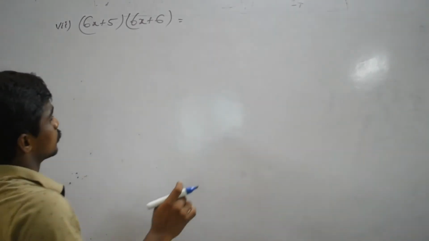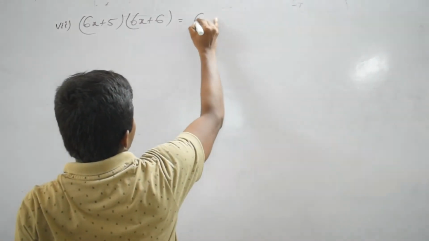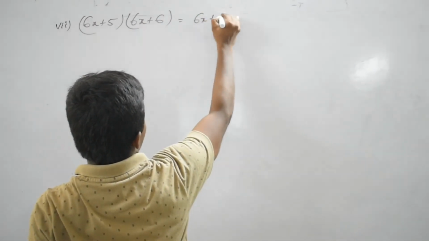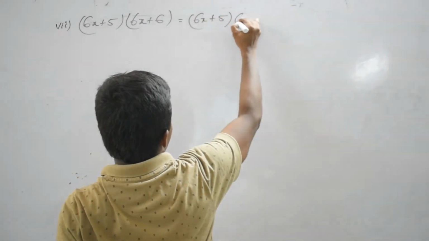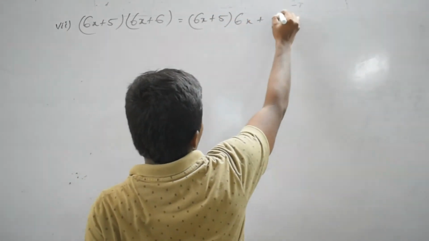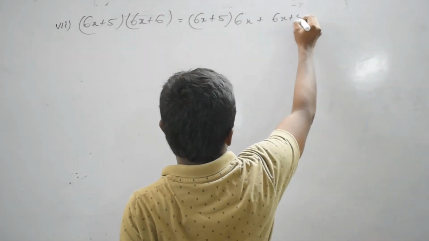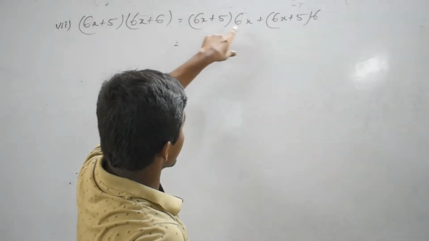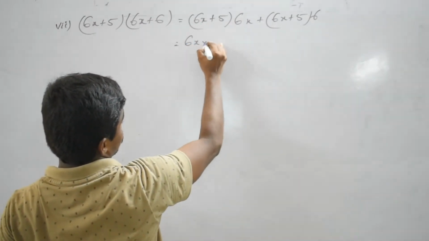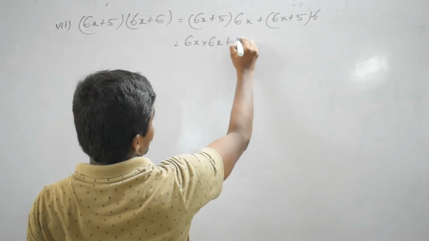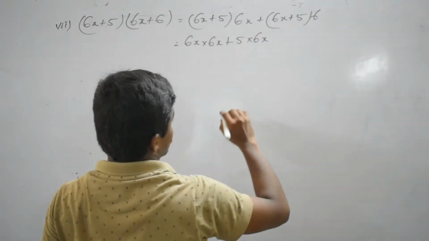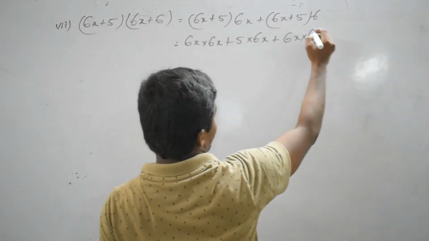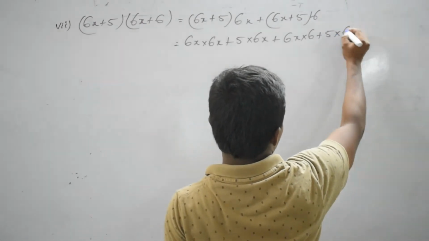Now 6x times 6x, then 6x times 6, then 5 times 6x, then 5 times 6.